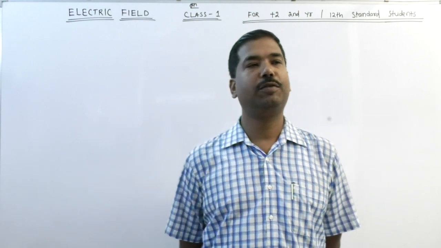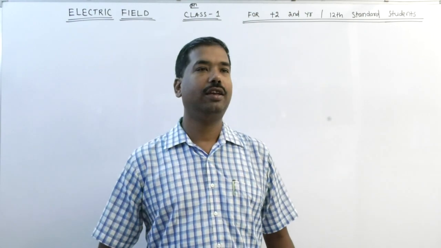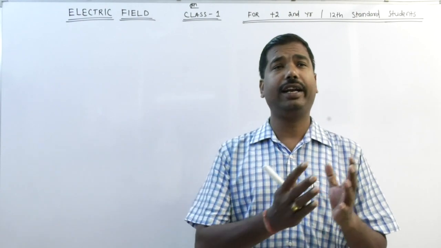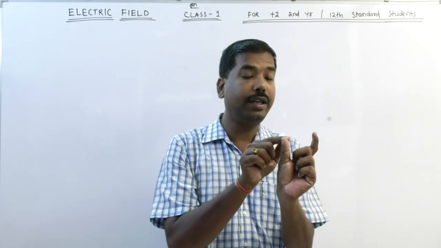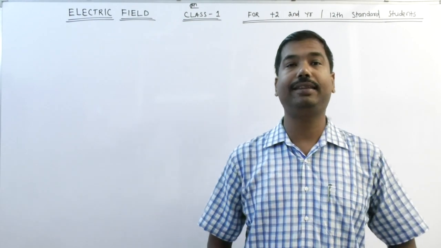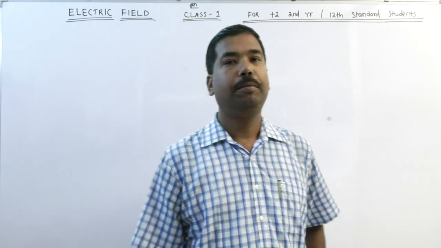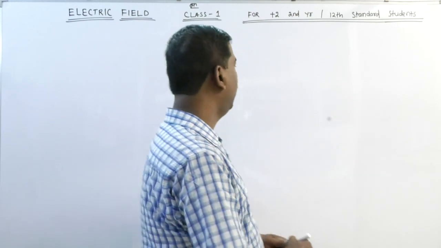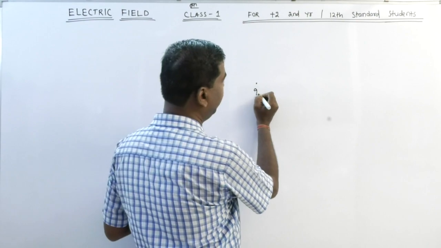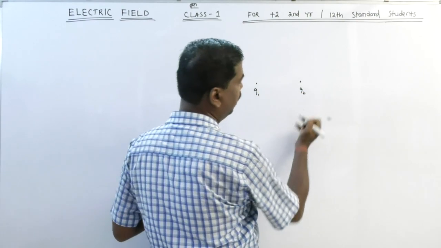Whenever we discuss Coulomb's law, a charged body gets attracted by another charged body. It means two charged particles either attract or repel each other by a Coulombic electrostatic force. Let us imagine this is Q1 and this is Q2.